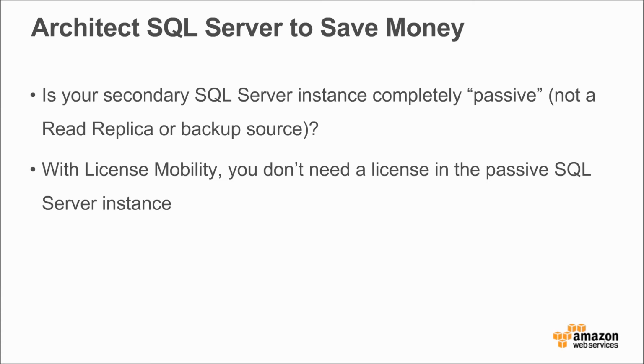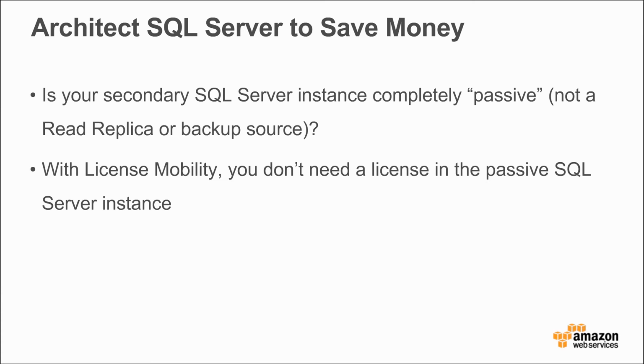Now here's some good news. If you took one of the secondary instances in either of those previous diagrams and you determine that it's truly passive, and if you have Microsoft Software Assurance and you're bringing your own license, you can cut your SQL license costs in half, because license mobility is a benefit of Microsoft Software Assurance.